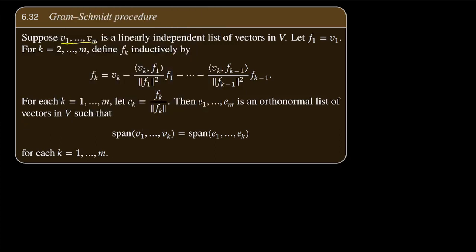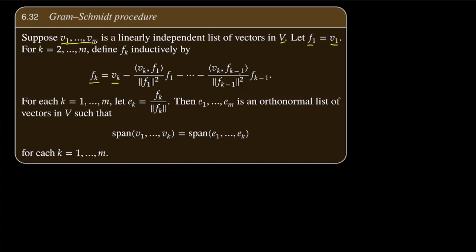If you've got a linearly independent list of vectors v1 through vm in a vector space V with an inner product, so an inner product space, the idea is that we'll generate these vectors, which we'll call f1 through fm, and we'll define them inductively so that f1 is equal to v1, and for k larger than 1, we have fk is equal to vk minus the sum of the inner products of vk with f1 divided by the norm of f1 squared, scaling f1, all the way up through k minus 1.